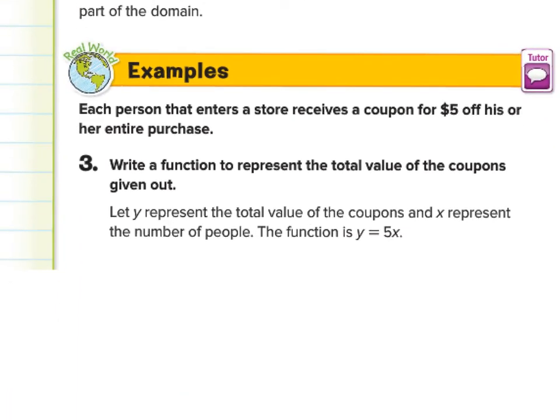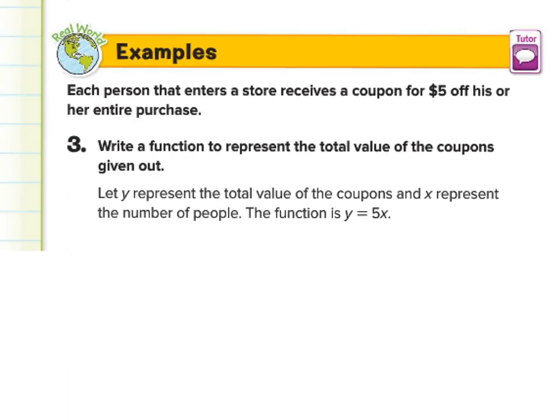Okay, Example 3. Each person that enters a store receives a coupon for $5 off his or her entire purchase. Write a function to represent the total value of the coupons given out. So the total coupons being given out would be y. Let y represent the total value of the coupons and x represent the number of people.